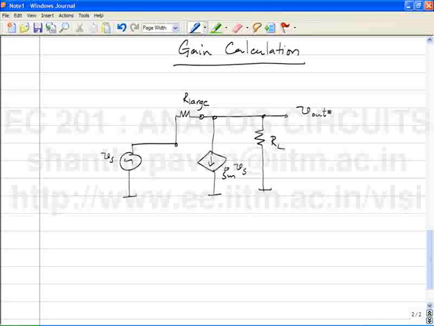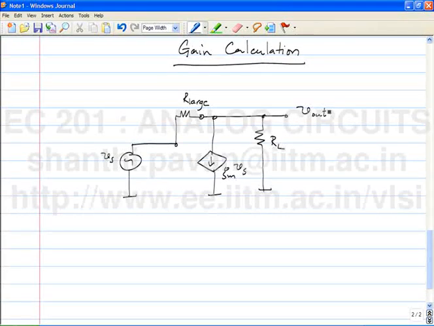Can you guys help me figure out what the incremental gain is? I write Kirchhoff's current law at the output node.